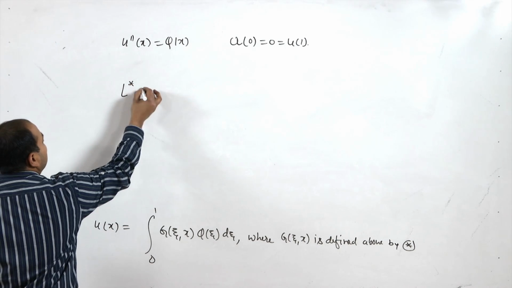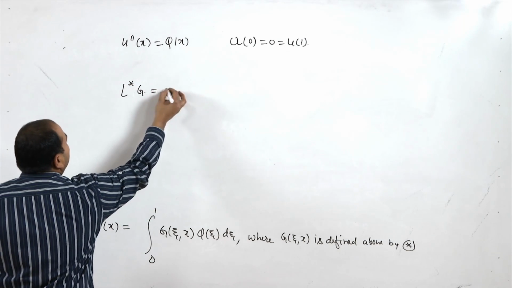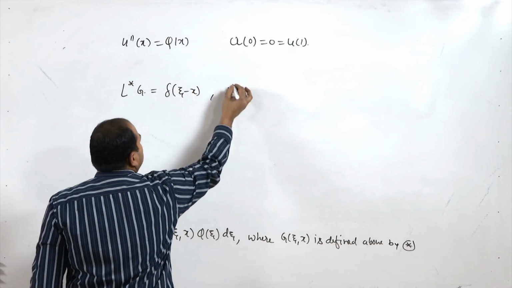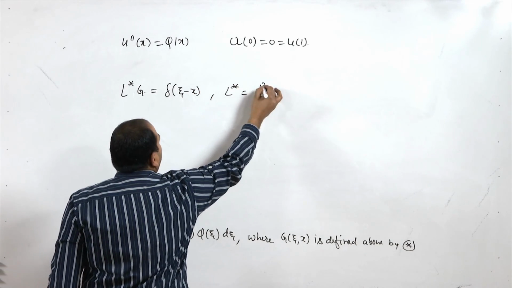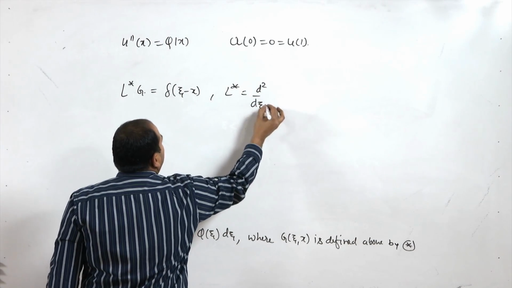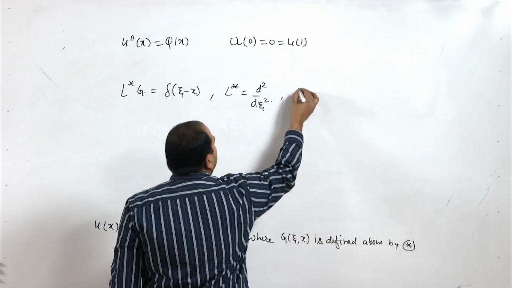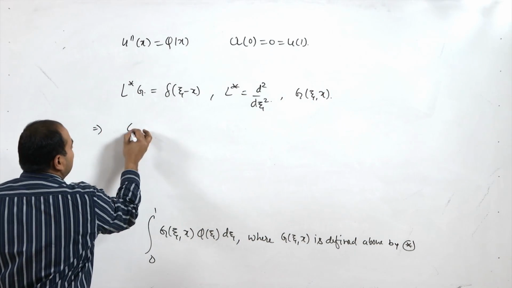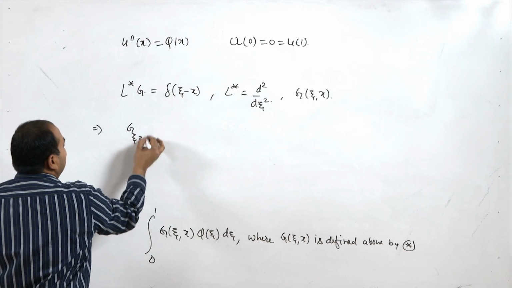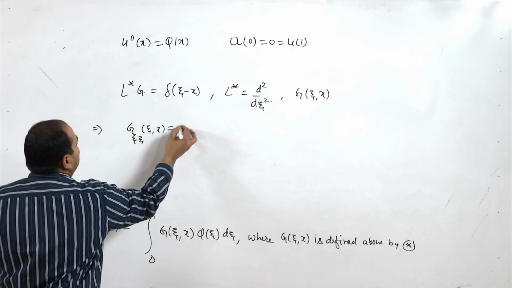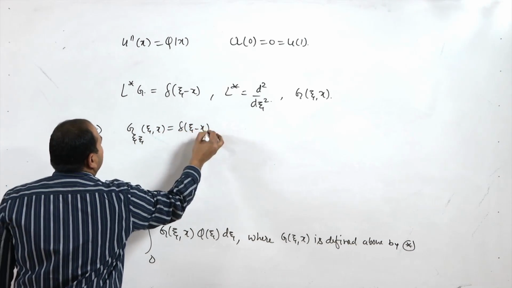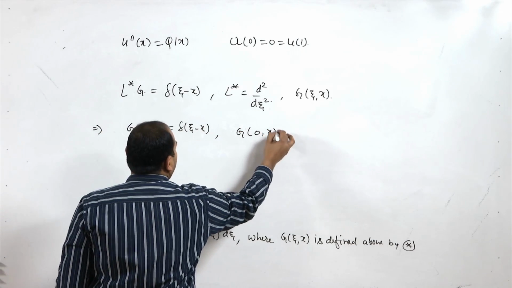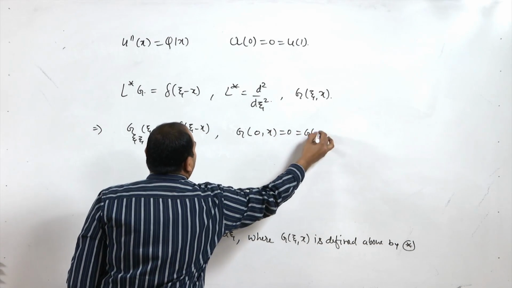It is basically L star g equal to delta(xi minus x). Here L star is given as d2 by d xi square and g is nothing but g(xi, x). So it means that it is given as g(xi, x) equal to delta(xi minus x), with the condition that g(0, x) is equal to 0 equal to g(1, x).